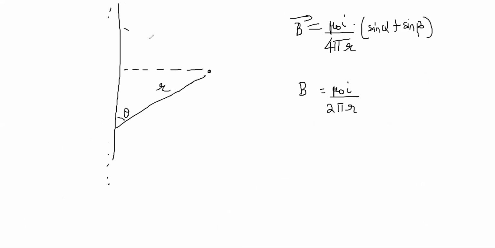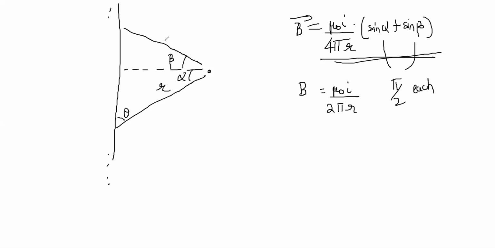If it is a finite wire, this angle can be called alpha and this angle can be called beta. So I will recommend that you use this formula. In this case, alpha and beta tend to pi by 2 each, because the wire is really long. So sine alpha tends to 1, sine beta tends to 1, so it becomes mu naught I by 2 pi r. And this will work for any finite straight wire.